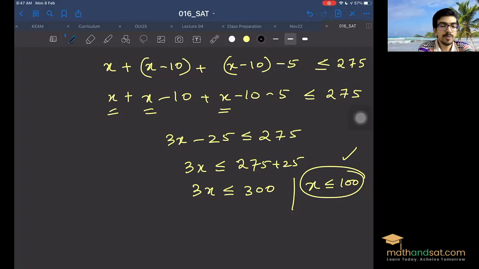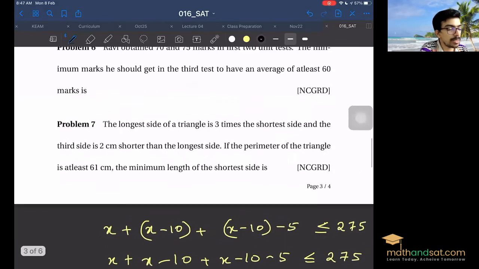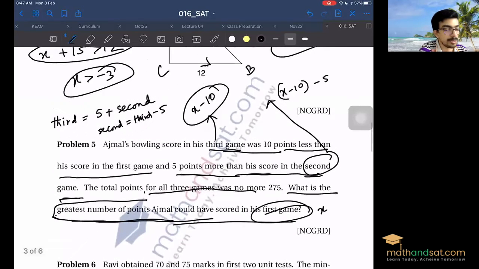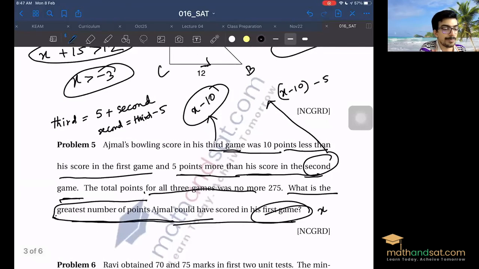If there is any confusion, do let me know. How have we chosen the unknown quantity? We have chosen the unknown quantity as the points in the first game because that is what is asked for. Now we have written everything else in terms of x.